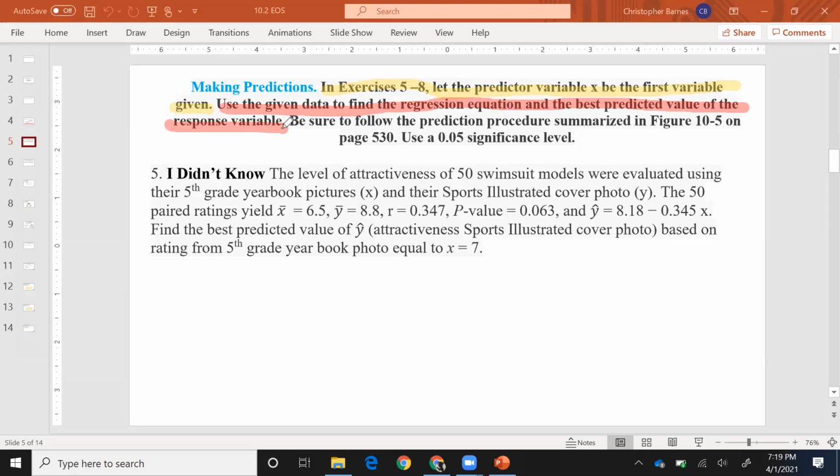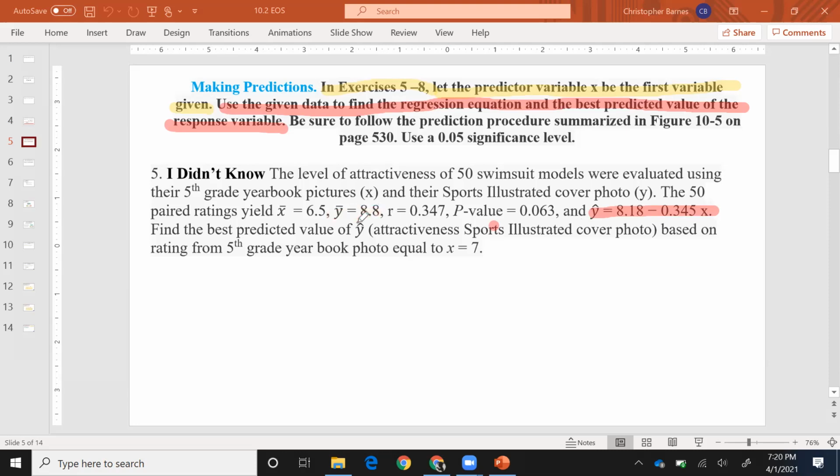Now, what's in the textbook, and I'll be honest, I think the first time I did this, I didn't see it either, it says this: if you have a significant multiple regression, then you use this equation. However, it also goes on to say that if we don't have a significant equation, then we don't use this regression equation. We just use Y bar.